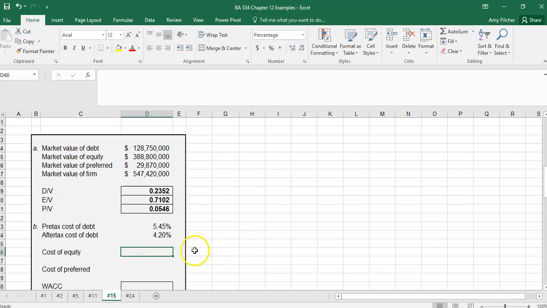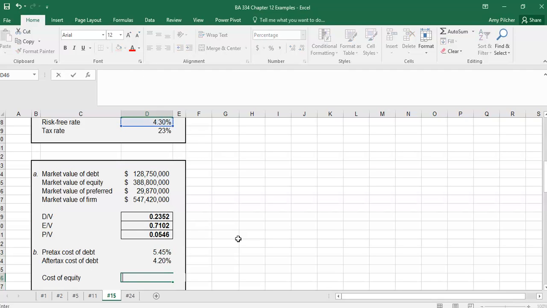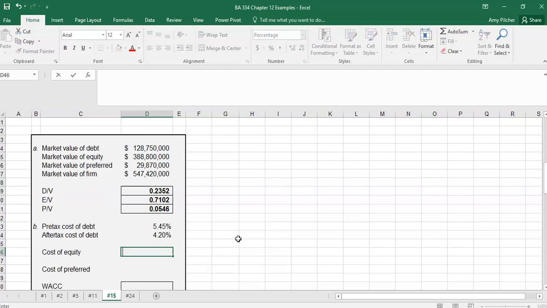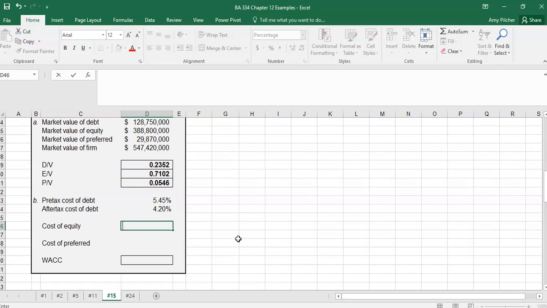Next, we need the cost of equity and then the cost of preferred so that we can calculate our weighted average cost. We're calculating the cost of equity using that security market line formula, which remember is the risk-free rate plus the beta times market return minus risk-free return.